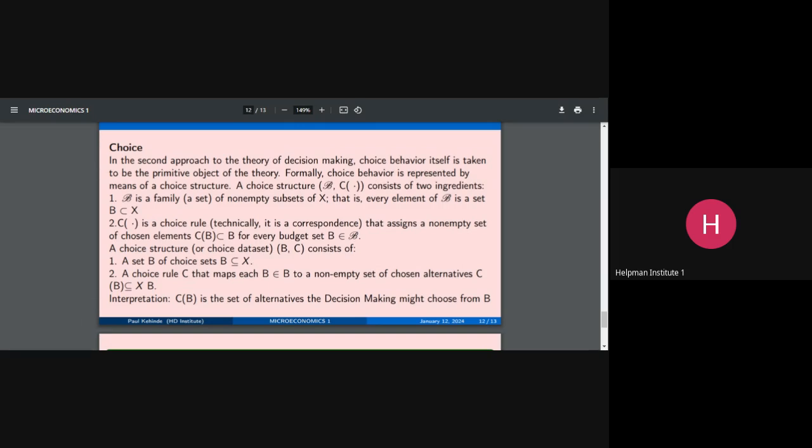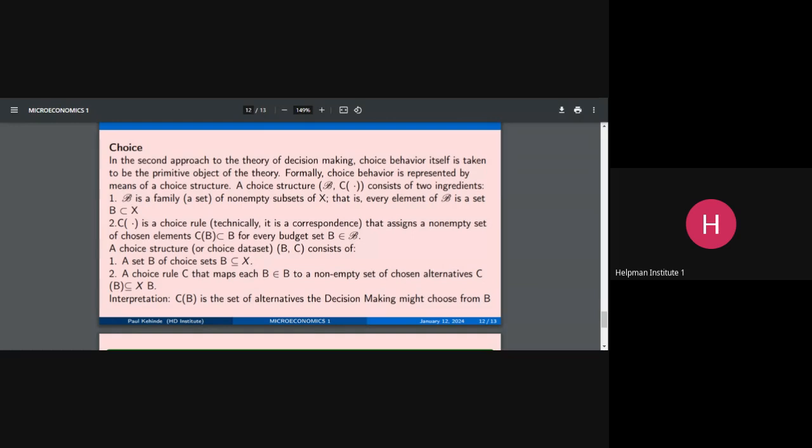So we said in the second approach to the theory of decision making, behavior itself is taken to be the primitive object of the theory. So choice is very important. We must know the choice, the behavior, of that definition.